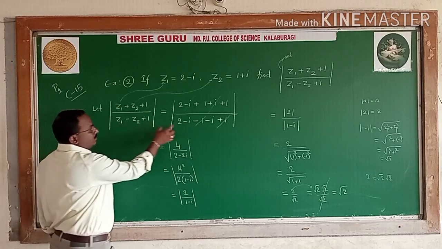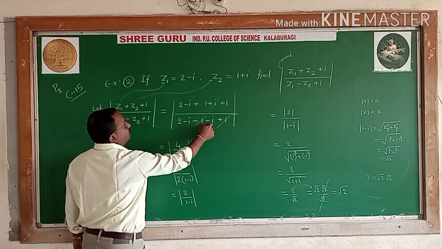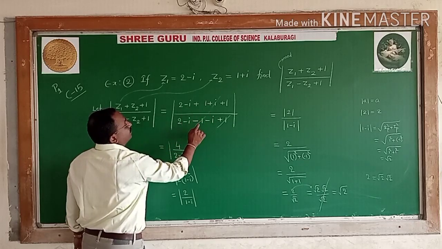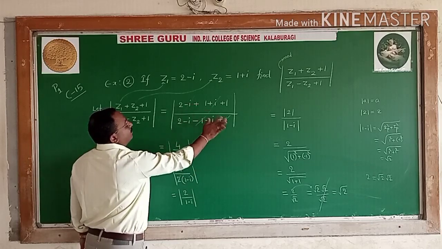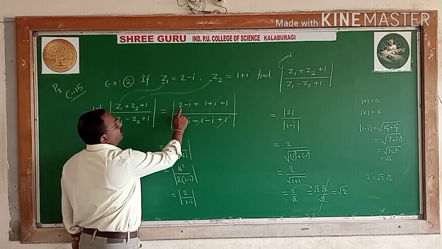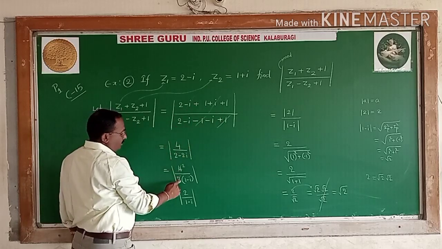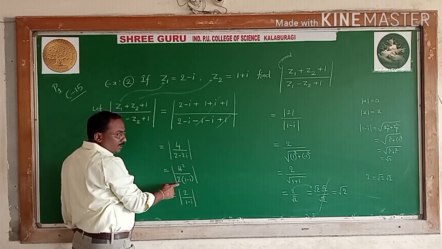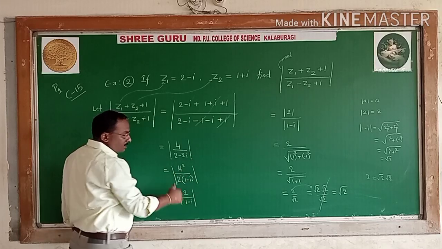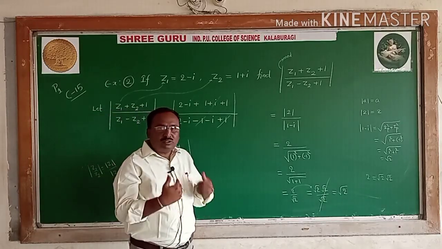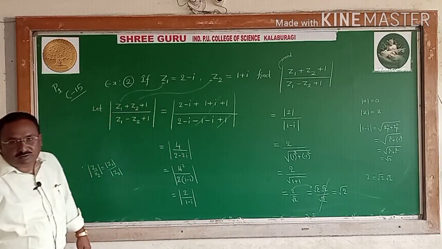Z1 minus Z2 is 2 minus i, minus of Z2, minus 1 minus i. Here i gets cancelled, plus 1 minus 1 get cancelled, positive and negative cancel, remaining 2 plus 1, total 4. Then 2 minus 2i, taking 2 common, 2 ones are 2, 2 twos are 4. The modulus of 2 is 2. The modulus of 1 minus i is root 2, real part square plus imaginary part square under root.